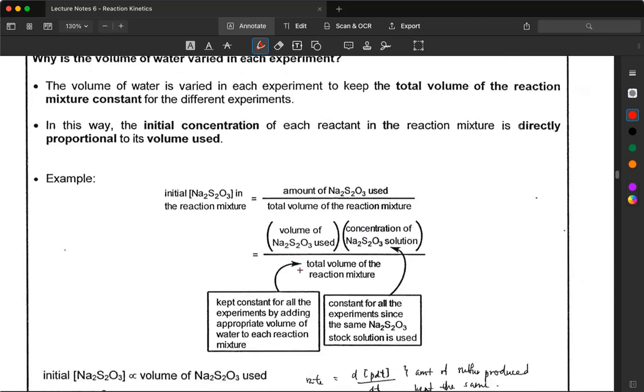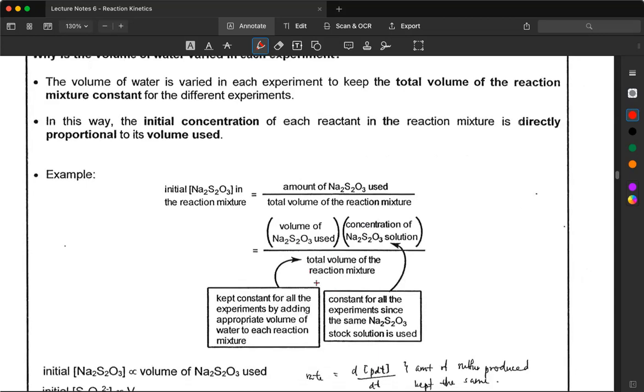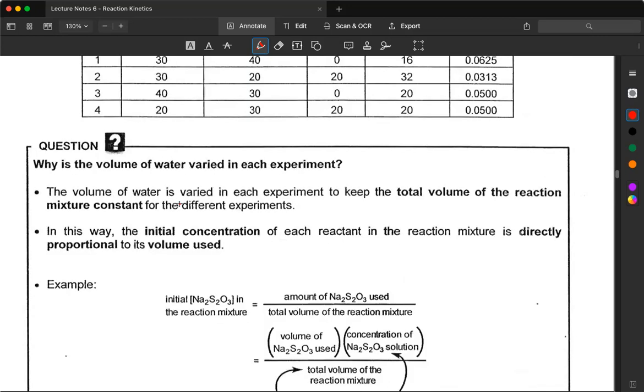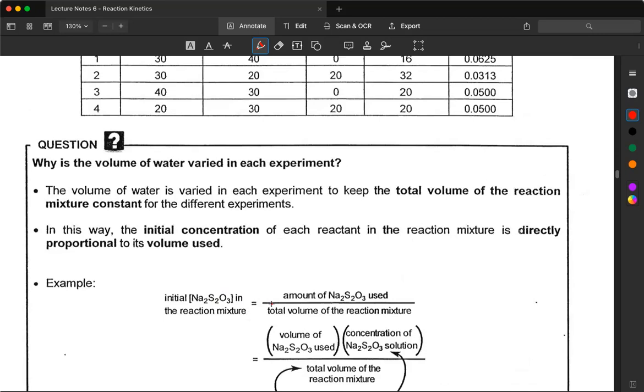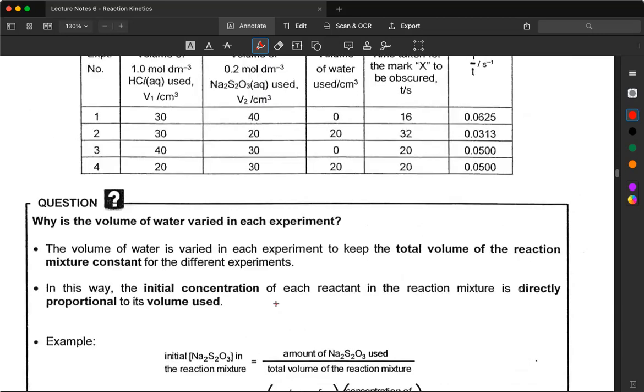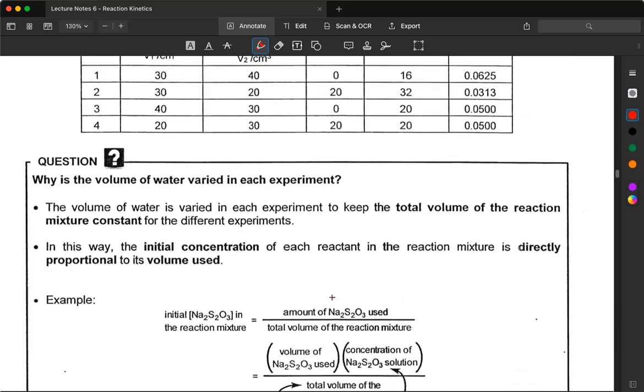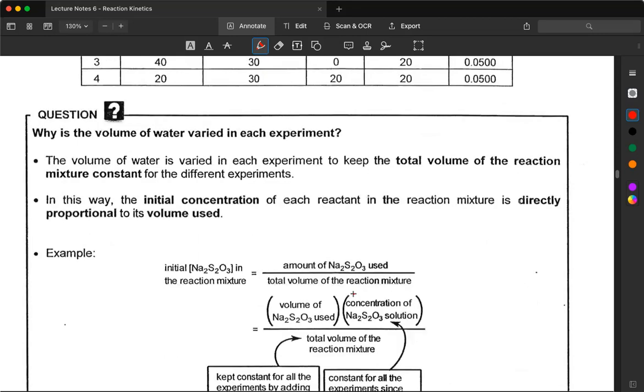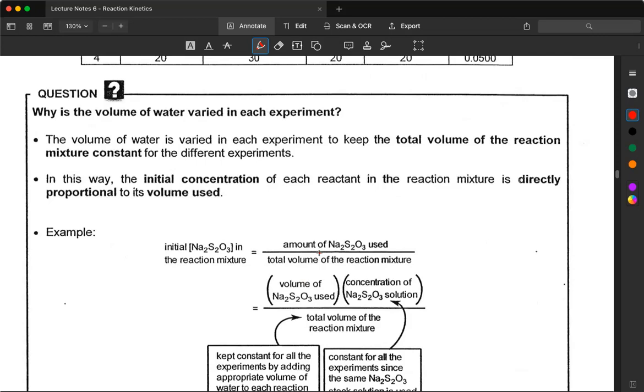So we keep this constant, and by doing so, we know that the initial concentration of thiosulfate equals the amount of sodium thiosulfate divided by the total volume. So that's how you can calculate the concentration. And the amount is mole, so mole equals volume times concentration, divided by the total volume, gives you the concentration of thiosulfate.